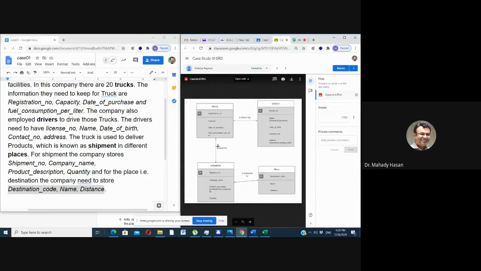Good job. This is correct. Wow. Sir, place entity with capital letter. Right, place entity is capital. Sir, I just forgot that. So place should be in capital.